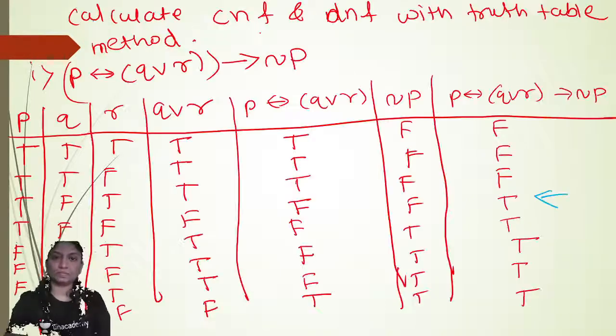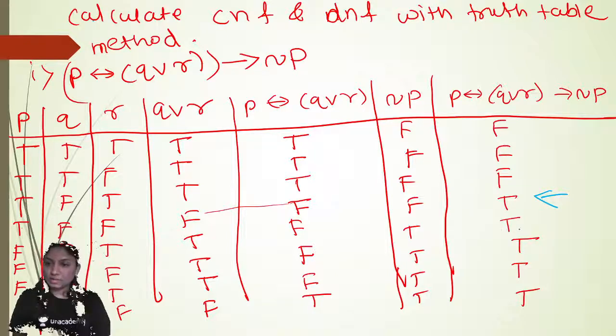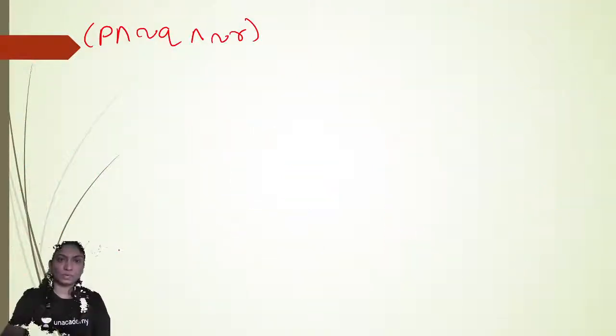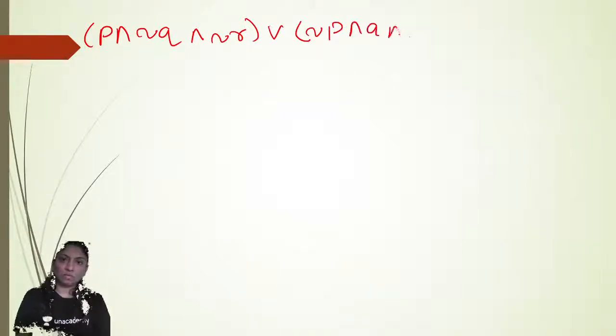Here we can see the corresponding truth values of, while writing DNF, we can write the truth value. First calculate T. So P, negation of Q, negation of R. Then next T is this. So you will get negation of P, Q, R, right? So or negation of P and Q and R, right?